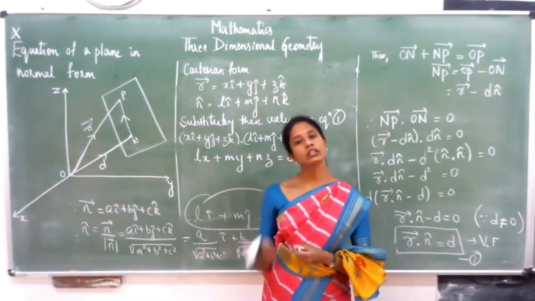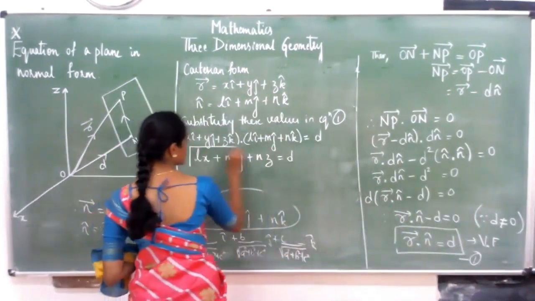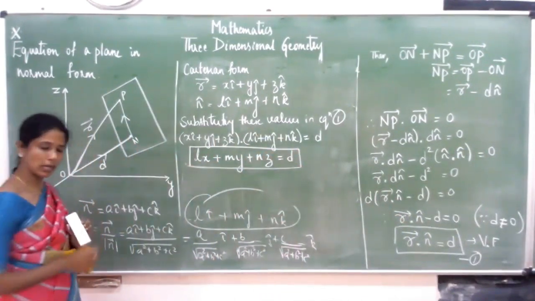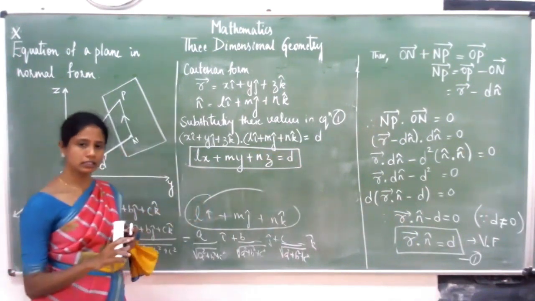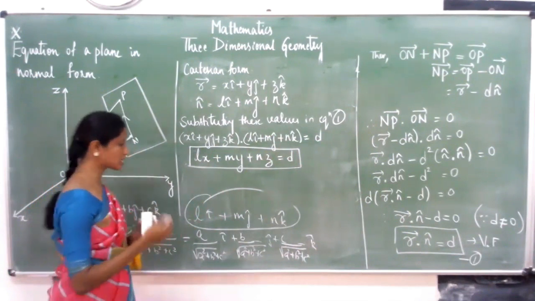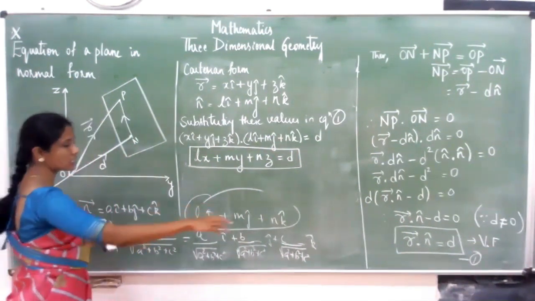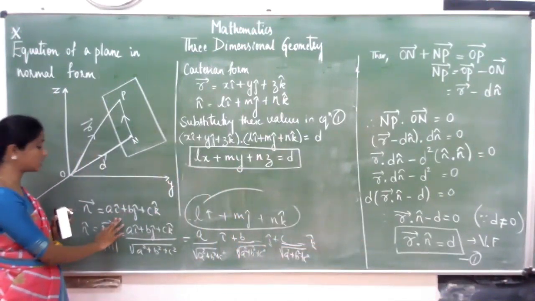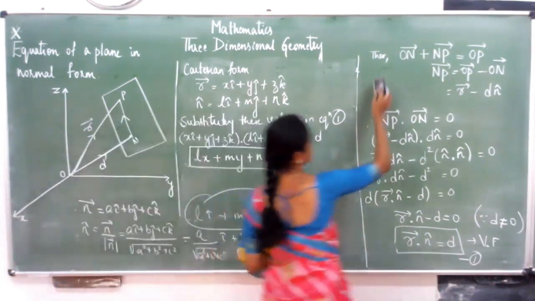So here one more thing we should understand. We just saw the vector equation and the Cartesian equation of a plane. Usually in the question they ask in a different format, that is, instead of n cap they may even give you vector n. So let us see that.